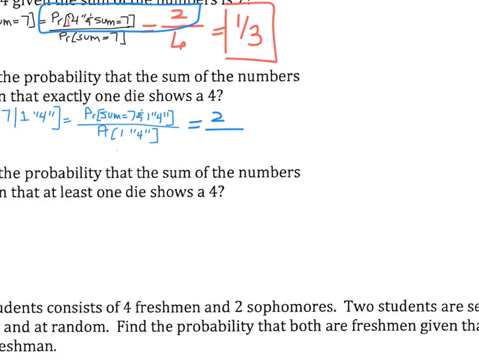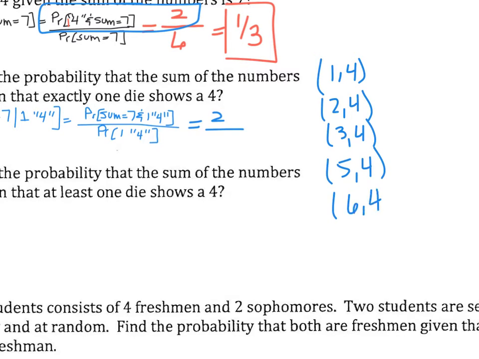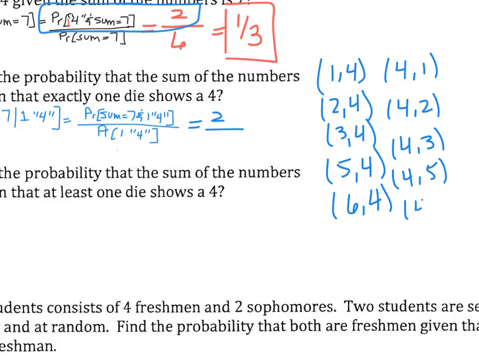Well, you could do a 1 and a 4, a 2 and a 4, a 3 and a 4, a 5 and a 4, or a 6 and a 4, and then you have all the reverses of these. So it looks like there are 10 out of 36. And when we reduce that, we get 2/10 or 1/5.